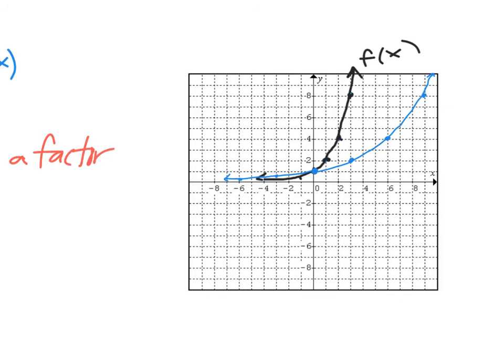Now, when you look at this, you might say, well, that kind of just looks like you also took the exponential function and vertically compressed it, and you would be right. With your vertical and horizontal stretches and compressions, you can interchange between the two, and you can actually write one in terms of the other, but that's not for now.